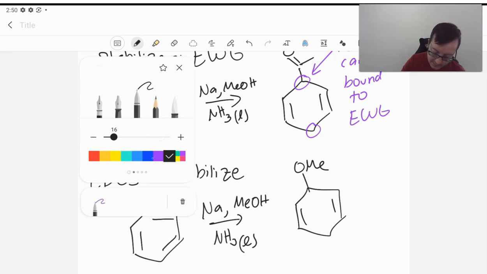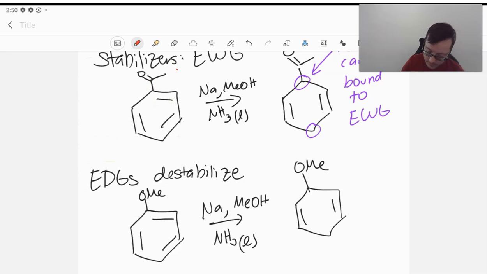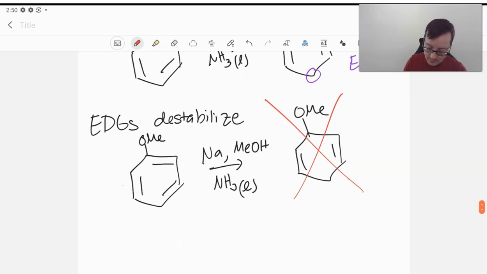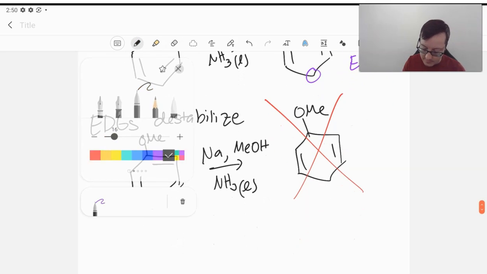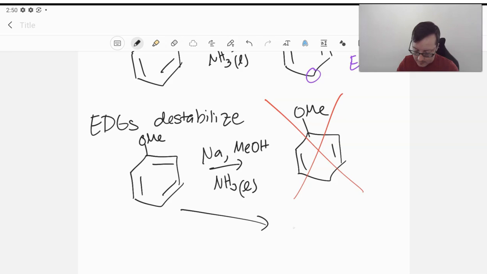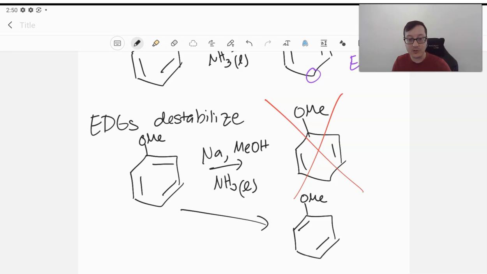This molecule does not form. Instead, what ends up forming is we'll end up making our reduction happen at a different position. What actually happens under those same reaction conditions is we end up reducing at a different position.